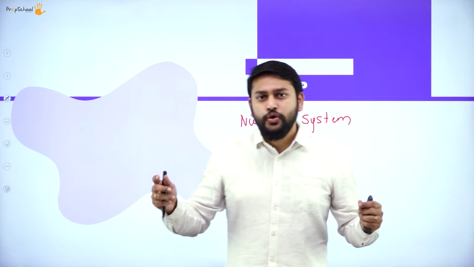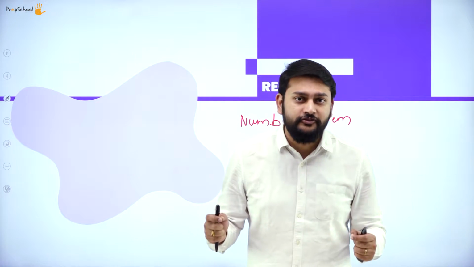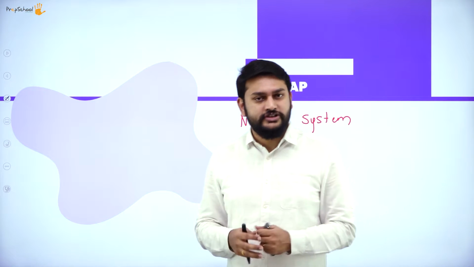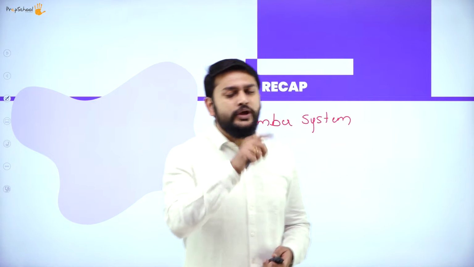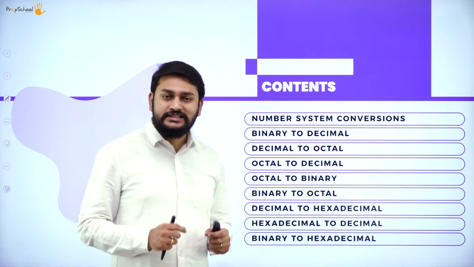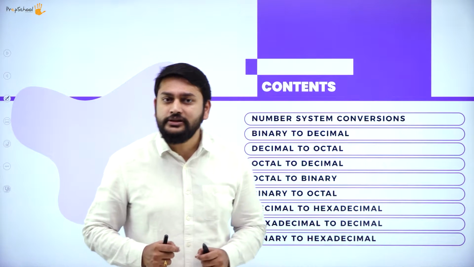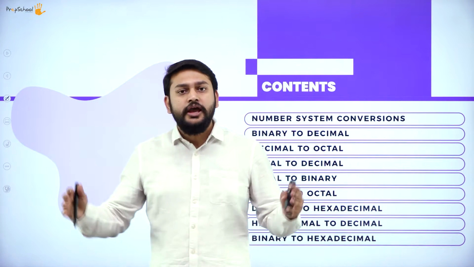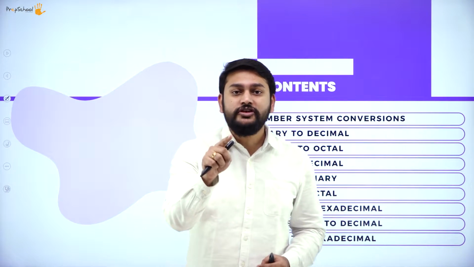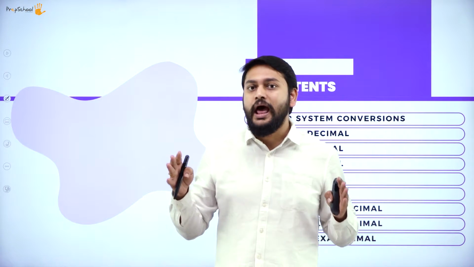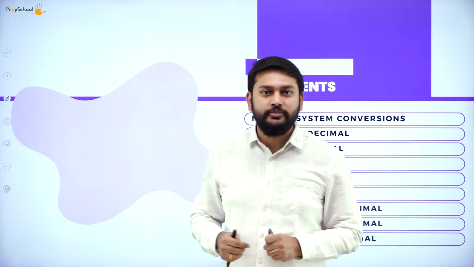All right. So what do we have in this session? That's the question all of us have. Yes, we will be understanding a very important concept: how exactly we perform the conversion from one number system to another number system. In the previous session, I discussed how many conversions will happen between the 4 different number systems.